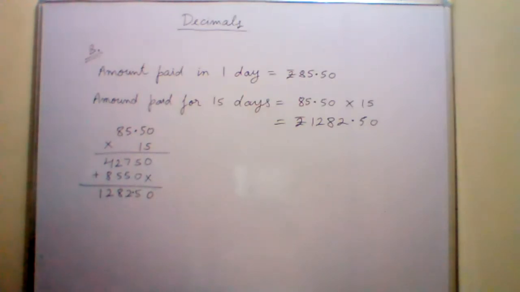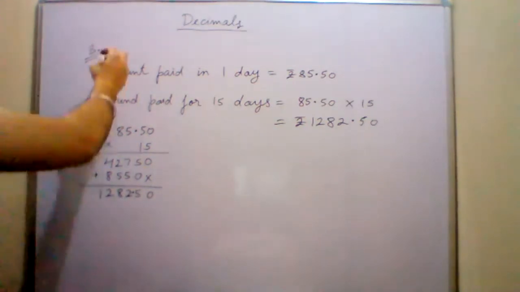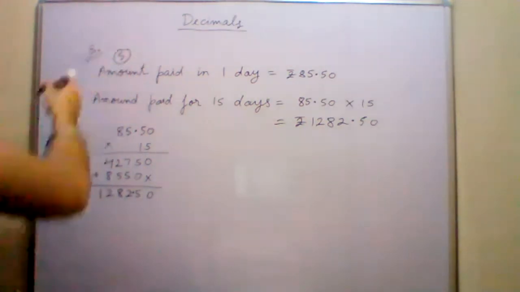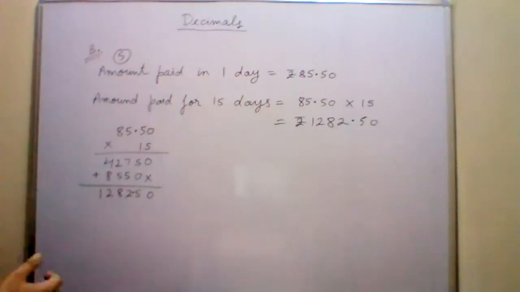This was your question number 5. I have not written the question number. Hope you all have understood. This is question 5, which I have done on the board. Oh, okay, sir. I forgot to write it. Done this, all of you? Next one.